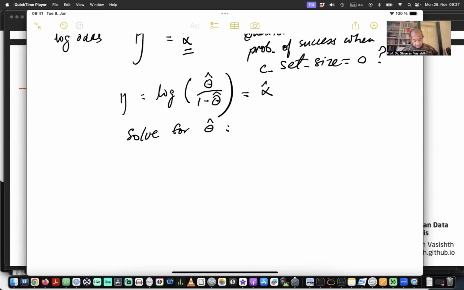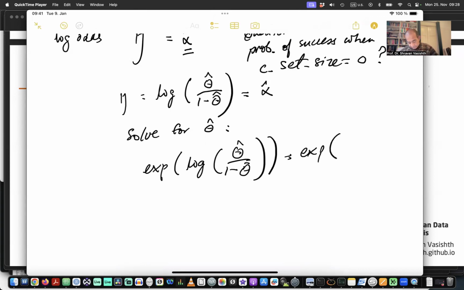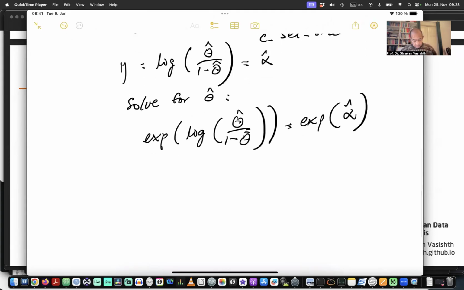So how does this work? I exponentiate both sides because the exponential function is the inverse of the log. So I say exponent of log theta hat over 1 minus theta hat is equal to exponent of alpha hat. So this is both sides exponentiated. This simplifies to theta hat over 1 minus theta hat is equal to exponent of alpha hat.